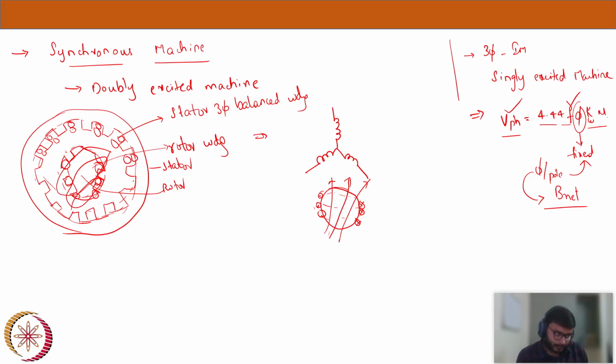Here we are seeing the rotor as a cylindrical type, or else we can also have another type of rotor. Let's write it at the bottom. Cylindrical rotor. We can also go for another kind of rotor, like a projected rotor, which will look like this.